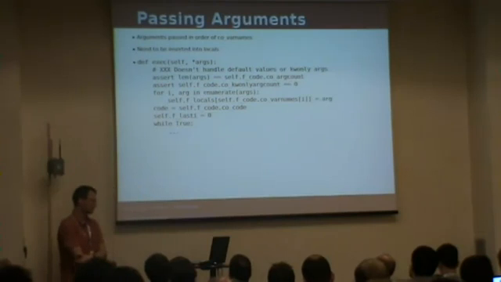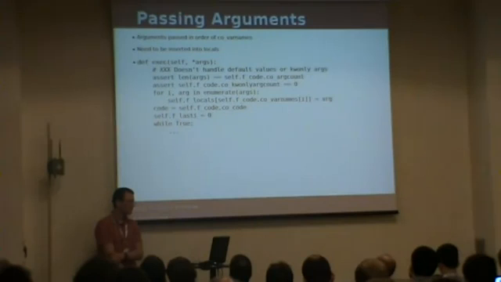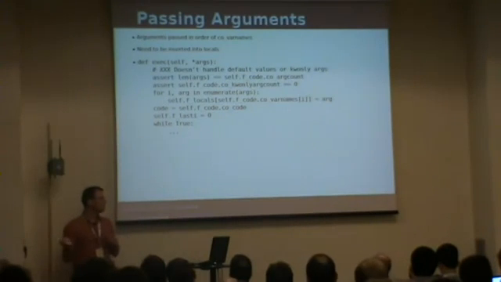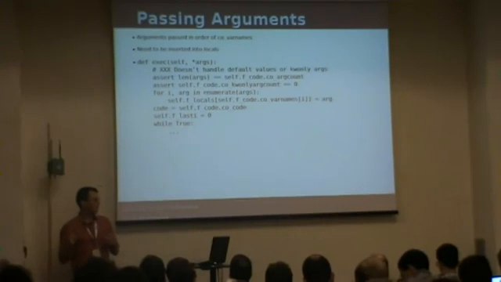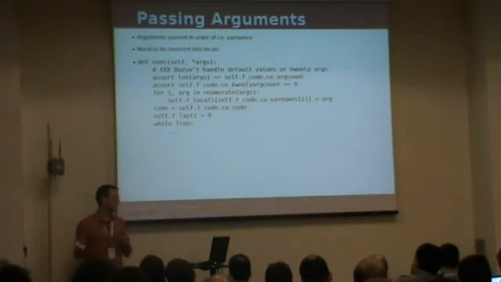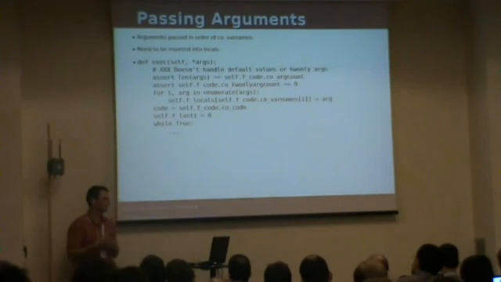Passing arguments is kind of tricky as well. When you call another function, the arguments need to be put into the locals dictionary of the new frame that you just created.